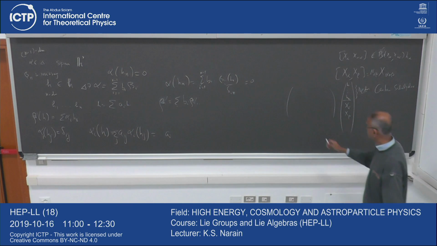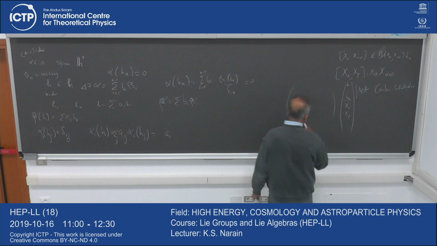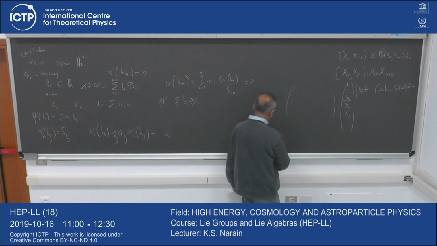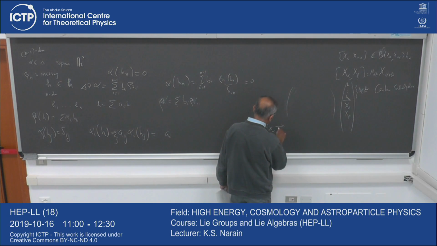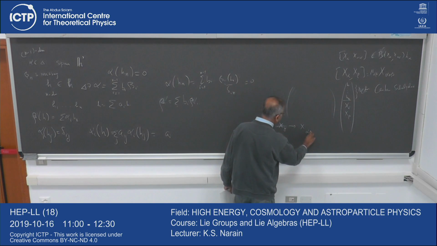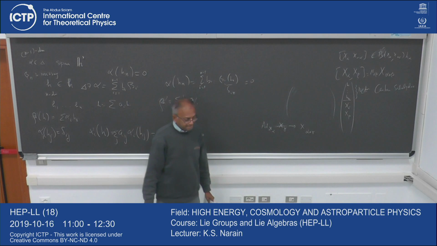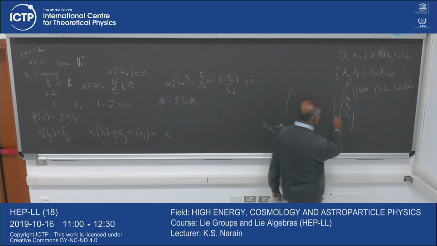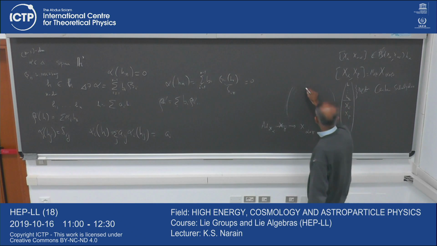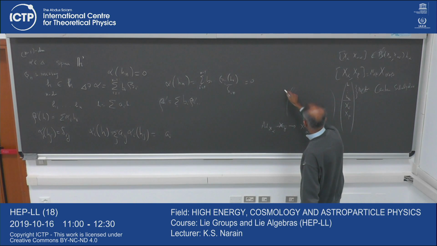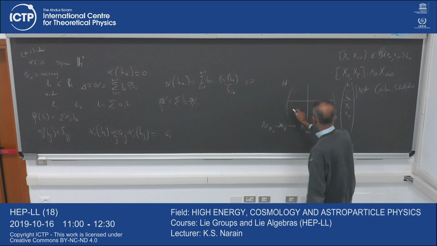So in this basis, you see that ad x alpha takes some x gamma to x alpha plus gamma. Okay. Then this will be purely off diagonal, right? So the structure would be, if I look at the ad action, I can again think in terms of blocks.